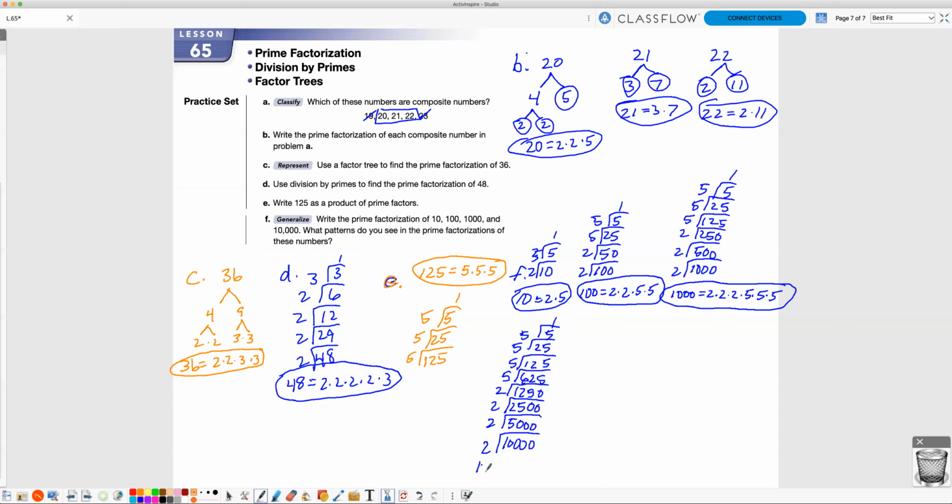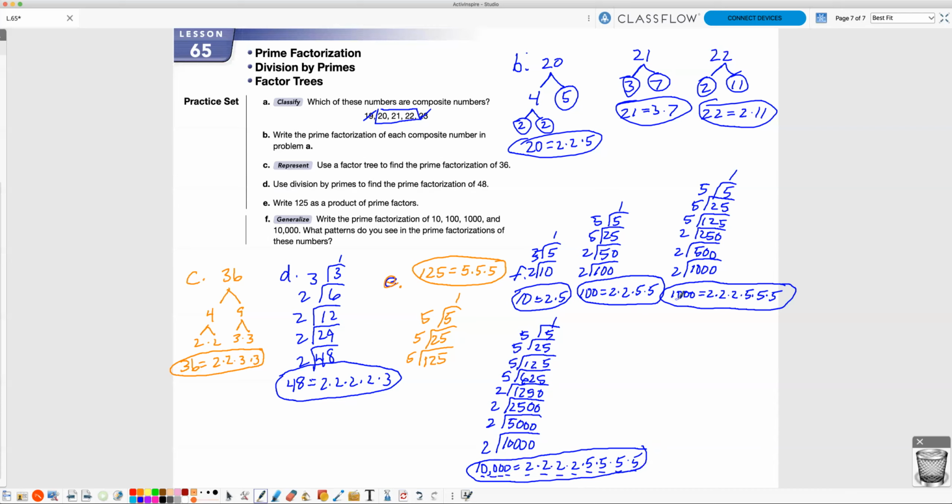So the prime factors of 10,000 are 2 times 2 times 2 times 2 times 5 times 5 times 5 times 5. I've got to make sure I have 4 of them. Because the pattern, if you didn't recognize it, you can see there's 1, 2, 3, 4 zeros, 1, 2, 3, 4 twos, and 1, 2, 3, 4 fives.